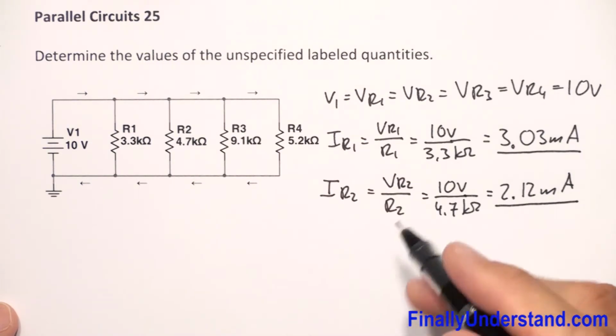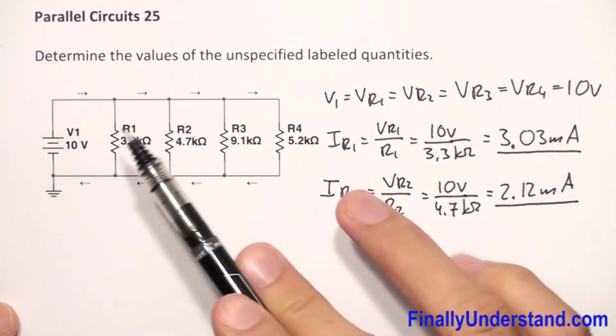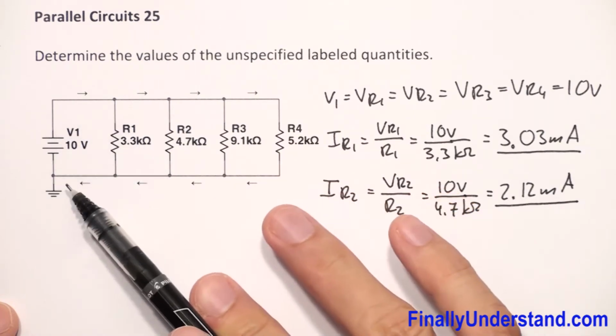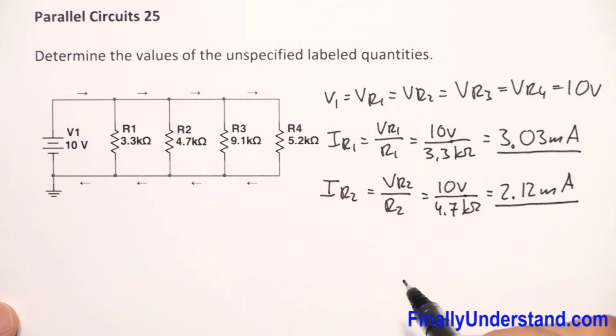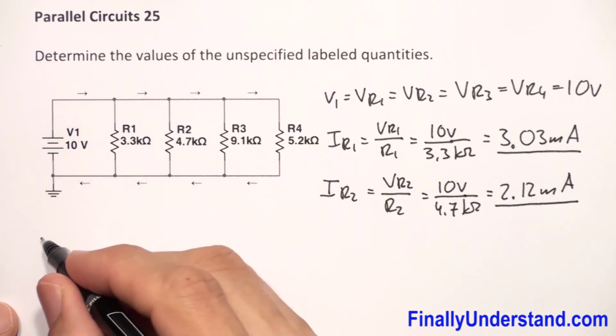We have to keep in mind that current is a very lazy guy, and it always looks for the opportunity to reach the ground in the easiest way, in the shortest way. So if there is no resistance, the highest current is going to go through that branch. Okay, so now let's take a look at resistor R3.